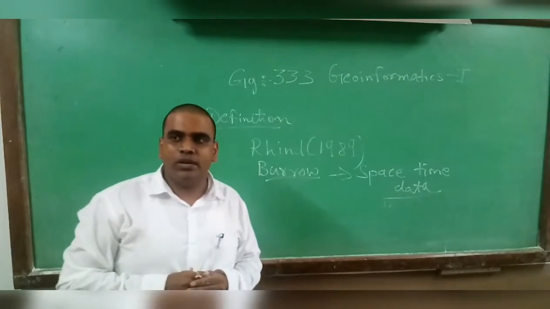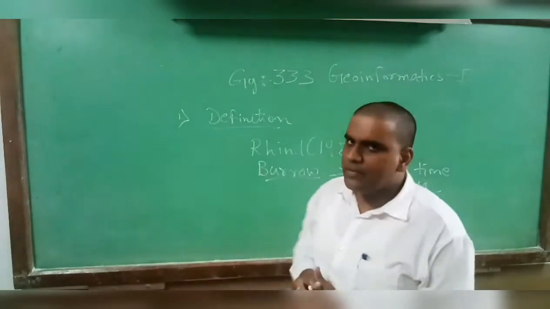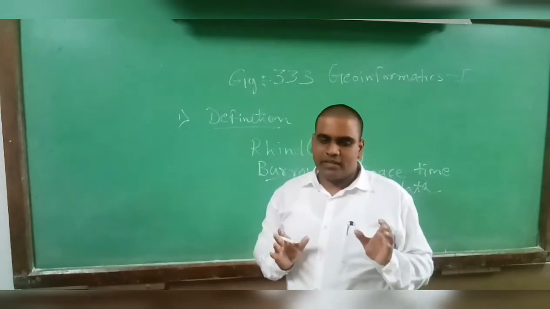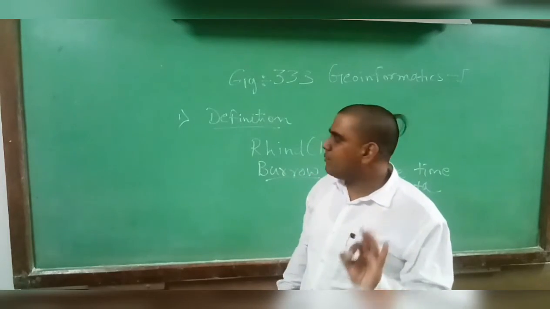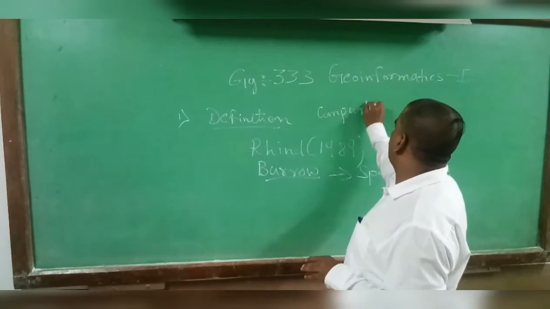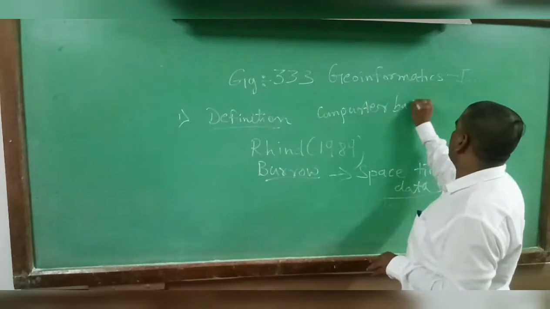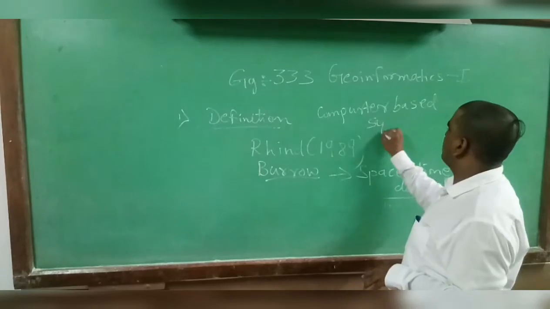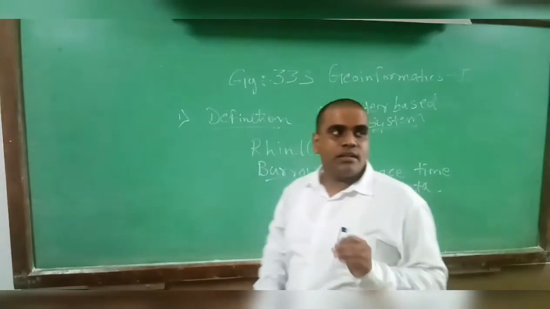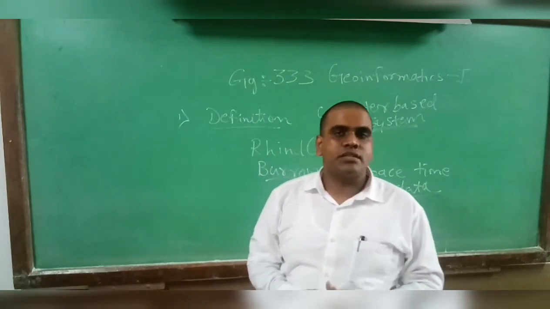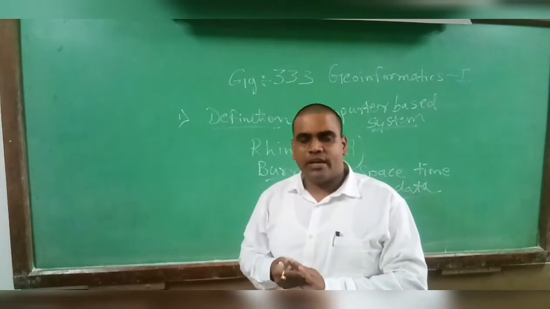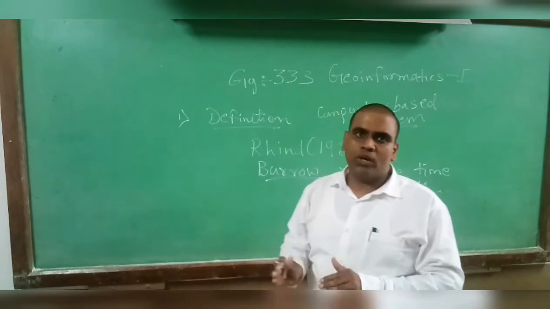Now I would like to discuss the definition with you. Students, first of all we have to keep in mind that GIS is a computer based system. It consists of hardware and software and requires procedures to work.